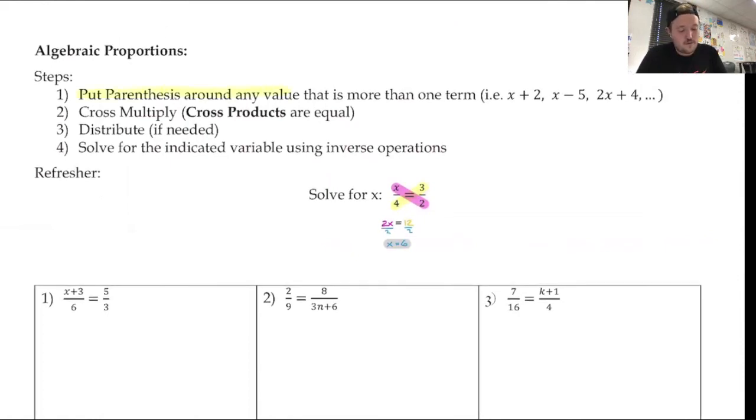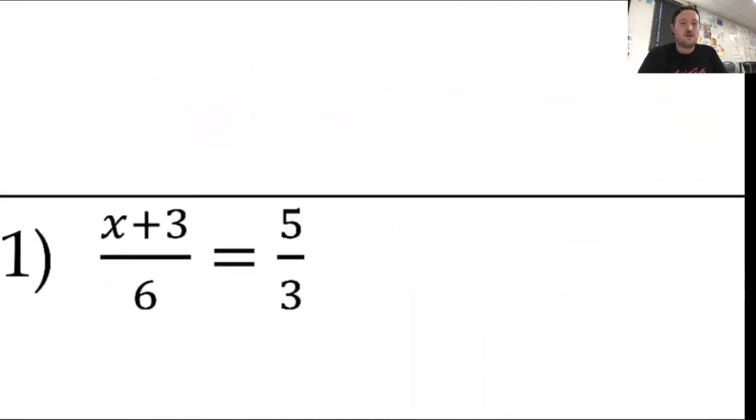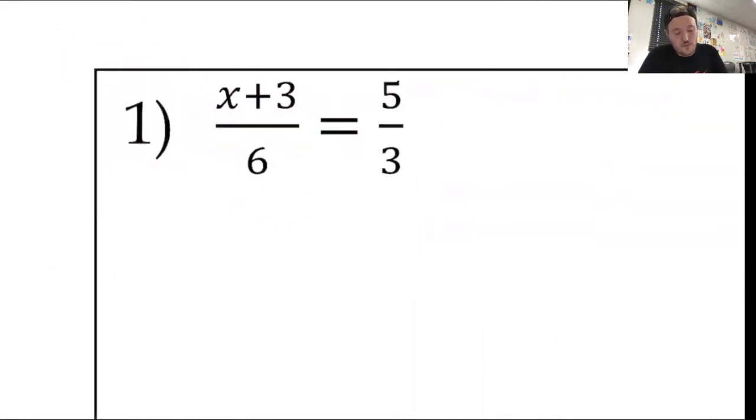You have to put parentheses around any value that is more than one term. So if it's x plus something or x minus something or 2x plus 4, you have to put parentheses around it. Because this up here is more than one term, I have to put parentheses around it first.